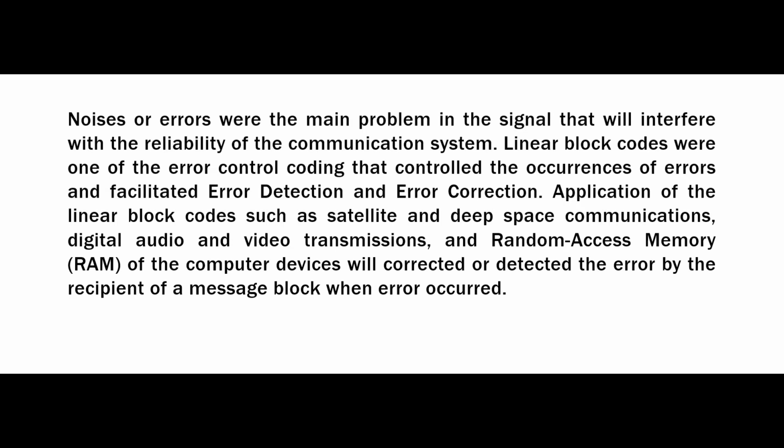The application of this linear block code is used in satellite deep space communication, as well as in digital audio or video transmission, and random access memory, known as RAM, of the computer device, where the error will be detected and corrected by the recipient of the message block when the error occurs.